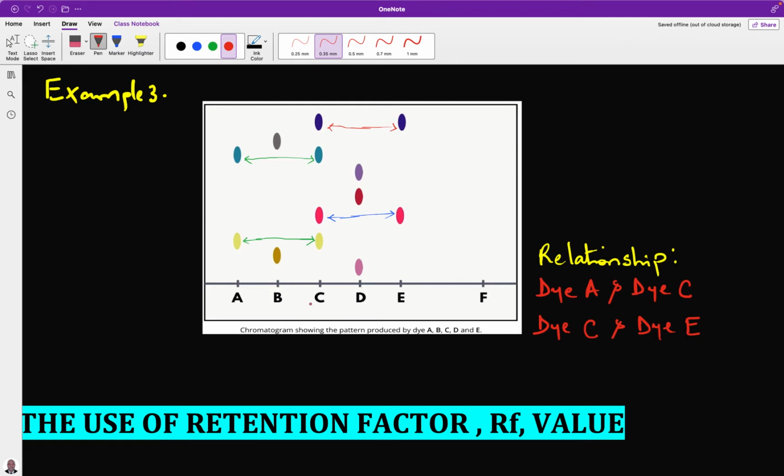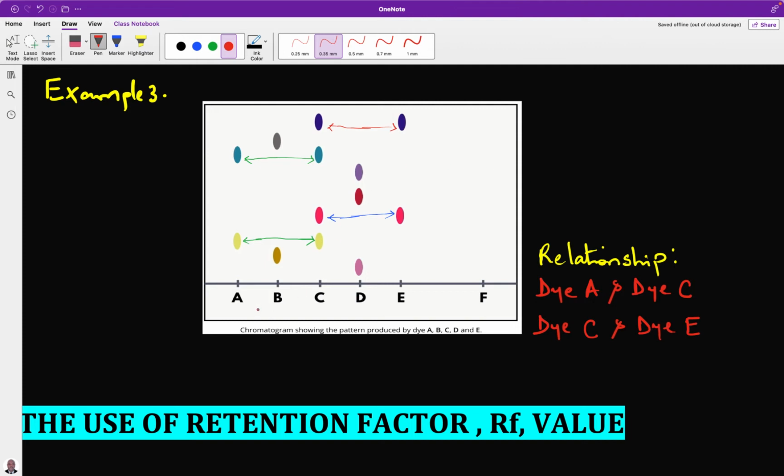So dye C and dye E have some components that are present in each other. So an investigator will know the ones that are impurities in all these water soluble dyes.